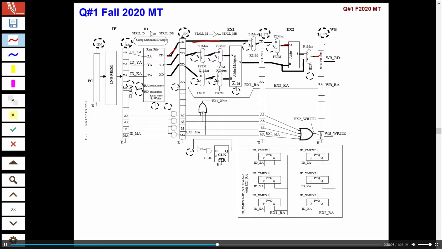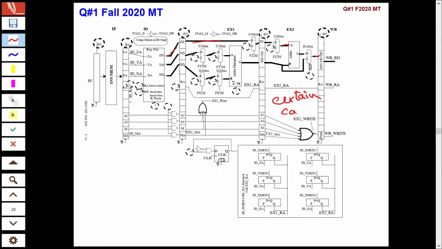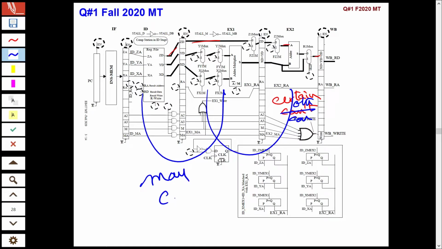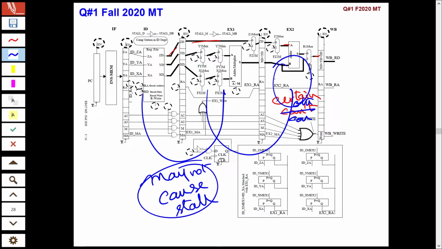Okay, so since we have this situation, namely certain type of seniors can't help and certain other seniors can help, that means this dependency, which looks like this, may cause stall or may not cause stall depending upon the type of senior.